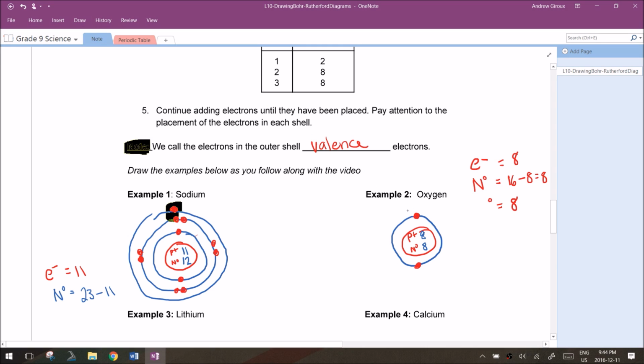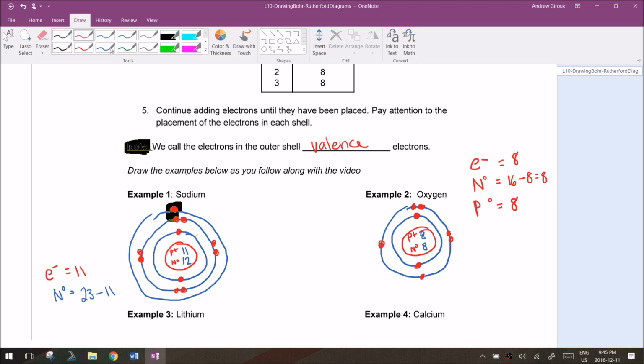Remember here that I need a total of 8, so I'm going to draw another shell to fit the rest of the electrons. So there's 2, 3, 4, 5, 6. So I've gone around once. I'm going to start to pair them up again. So there's 6, 7, and 8. So that is the Bohr diagram for oxygen.